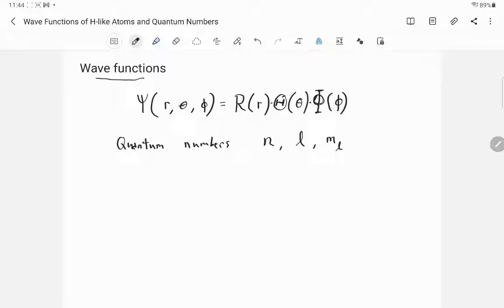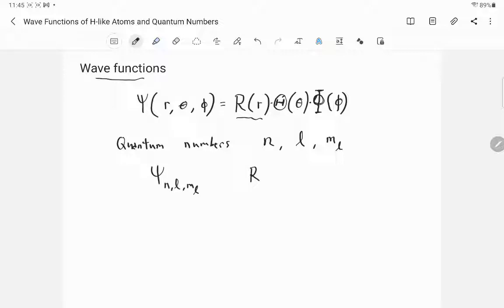It turns out that this is pretty interesting. The wave function psi is specified by a selection of the quantum numbers, so we often write psi as psi sub n, L, m sub L. It's labeled by the quantum numbers.